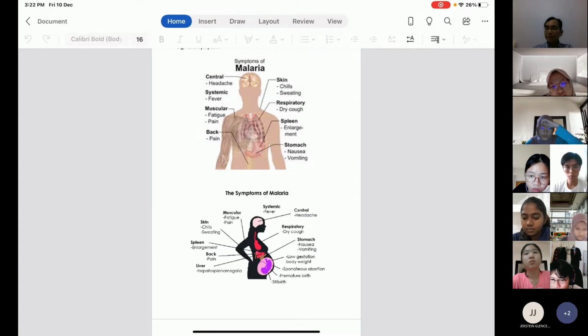In a pregnant woman, the baby could have a low gestational body weight due to the erythrocytic cycle. Maybe they invaded into the placenta, and then the baby could undergo premature birth or stillbirth. That's all.